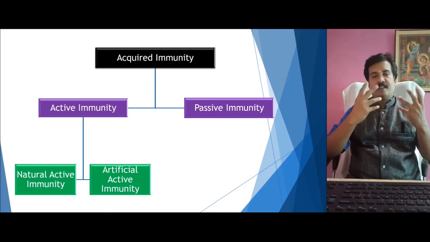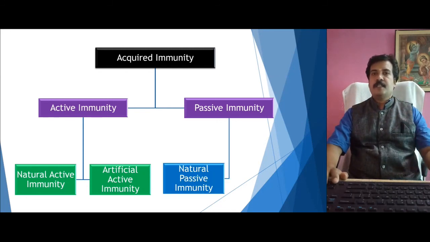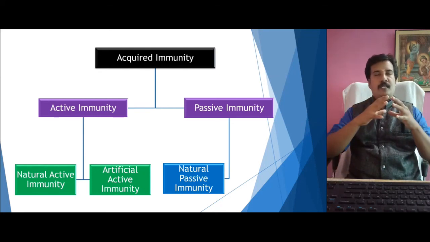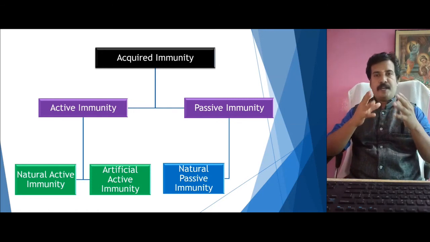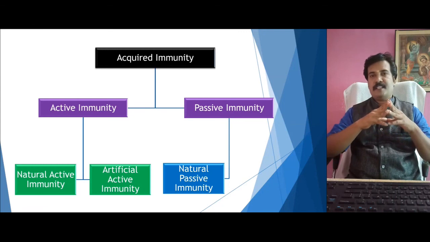This is called artificially active immunity, because our body will produce the antibodies against that foreign substance. If you see the passive immunity, the natural passive immunity, the best example is that once a woman is pregnant, the fetus will get antibodies from her mother. That is, the transfer of antibodies from mother to the fetus through the placenta is the naturally passive immunity.